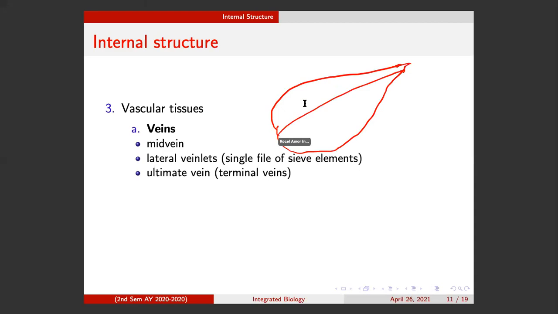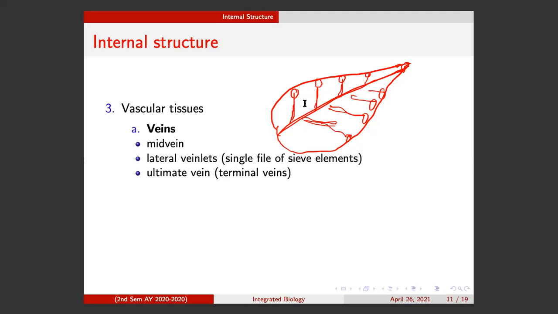Ito yung nakikita mismo sa gitna. And then from there, we normally draw veins coming out of the midrib, and these are the lateral veins, okay? And then, from the lateral veins, there are veins that are specifically found dito sa dulo-dulo, sa pinakadulo ng leaves. And we call those the ultimate veins, okay?